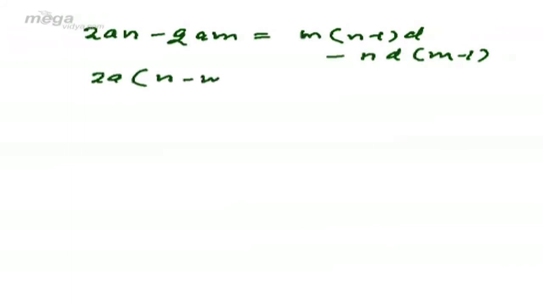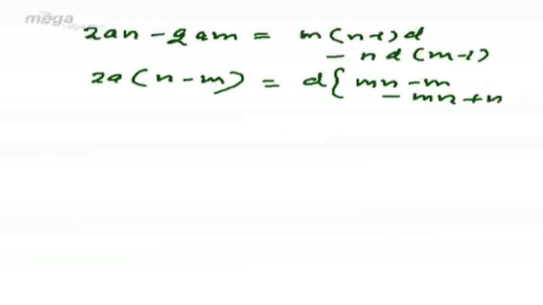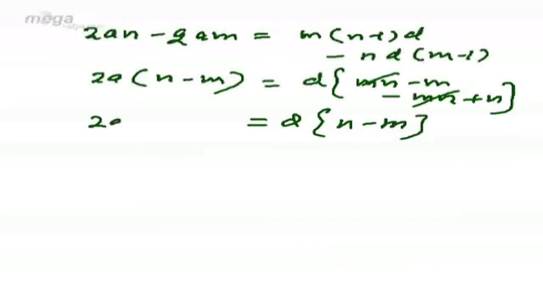It becomes n minus m is equal to d into (mn minus m minus mn plus n). Then mn gets cancelled, and it is d into (n minus m). And on this one, 2a into (n minus m) gets cancelled by this. We get d is equal to 2a.